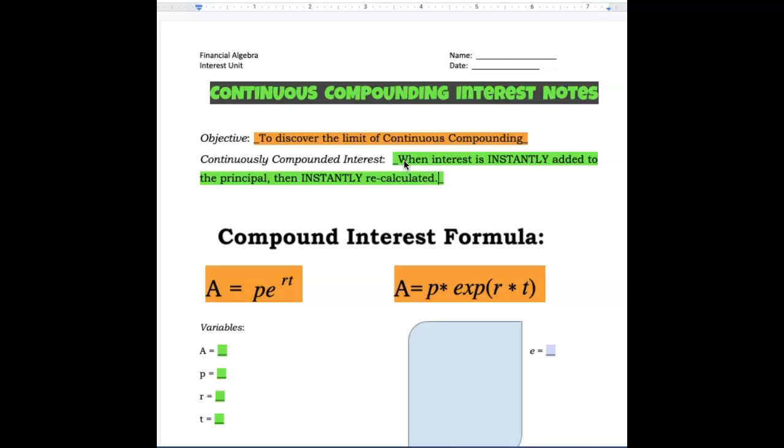So it's almost like it's being compounded so frequently, it's just happening continuously, instantly. Not even this concept of every second and doing it over again every second, just happening all the time. It reaches this limit where it's happening so fast, it's like infinitely fast.